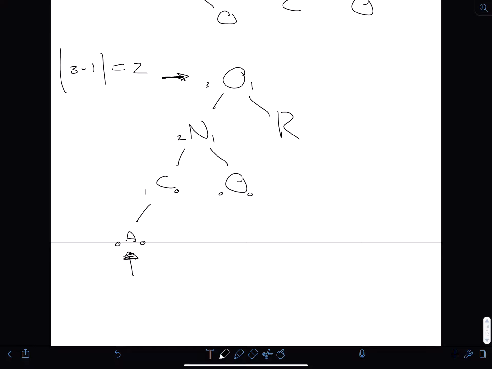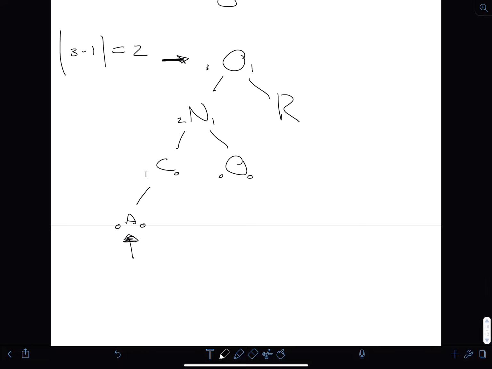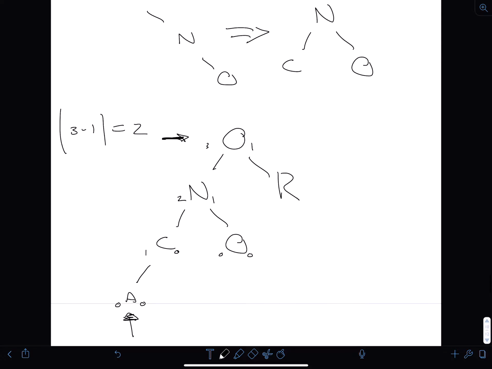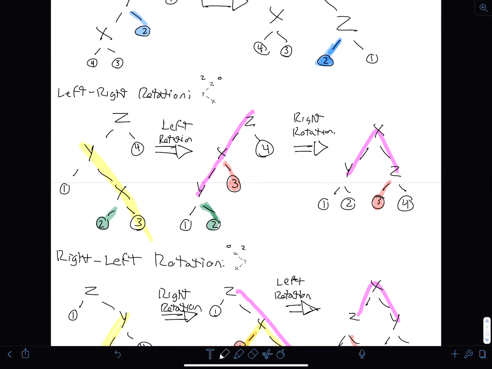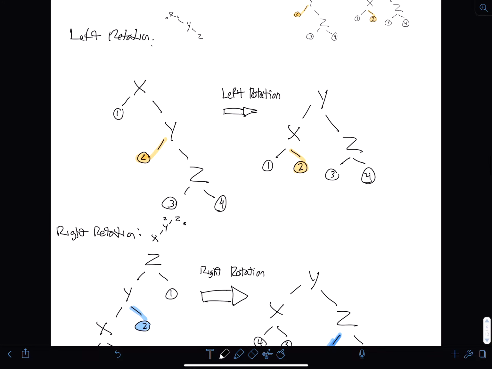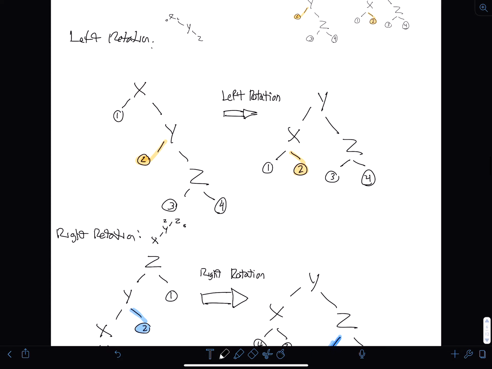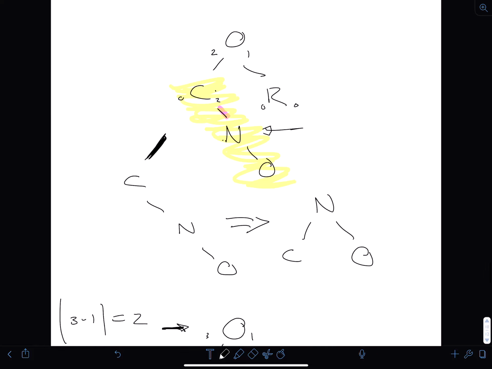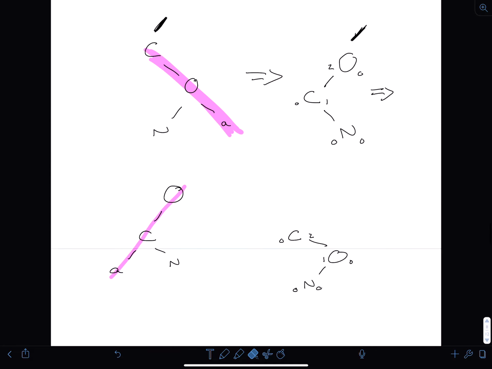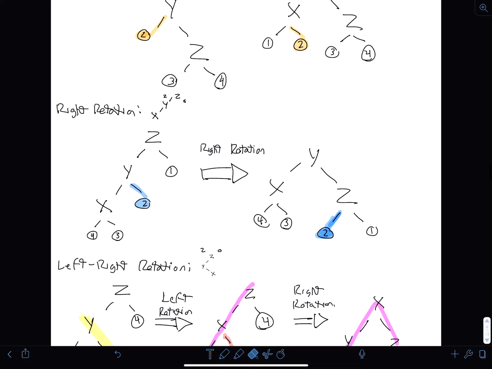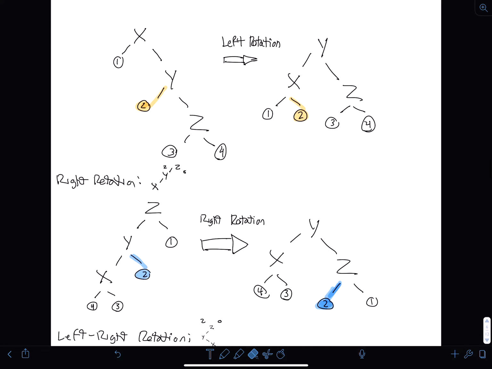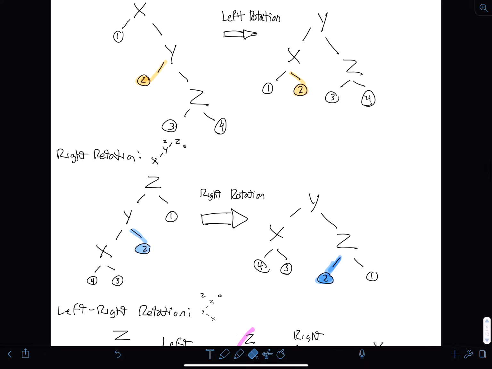Okay, so let's go ahead and try to perform the rotation that I told you based on the requirement. So we said left or right. The left one is when the right side is heavy, and the right one is when the left side is heavy. So which is the case here? Which side is heavy? The left side is heavy, so that means we are going to perform a right rotation. So this one, okay?